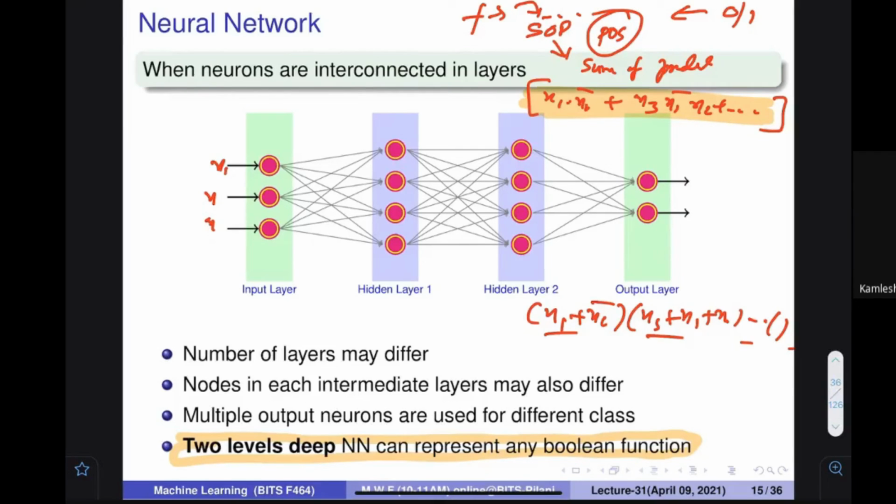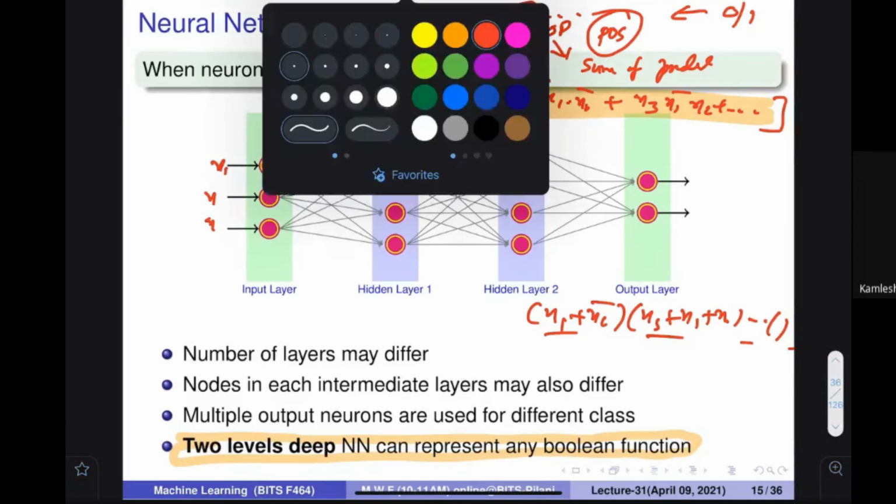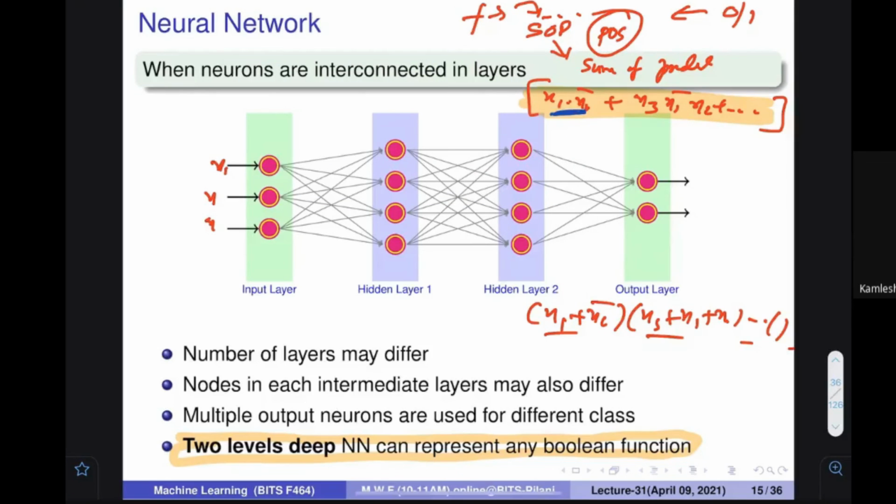If this kind of thing is there, please focus for 1 minute. If you come up with any Boolean function, it can equivalently be represented in this particular way.